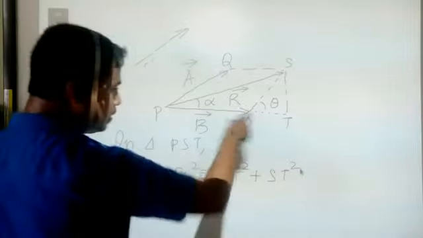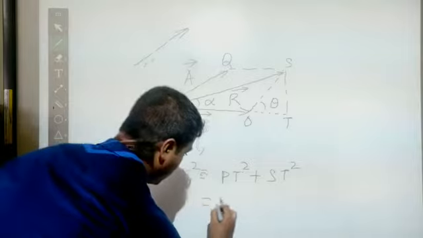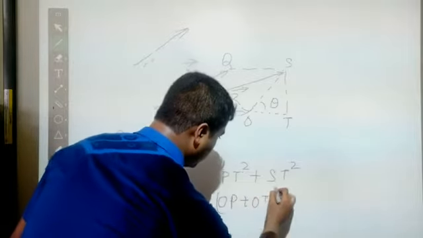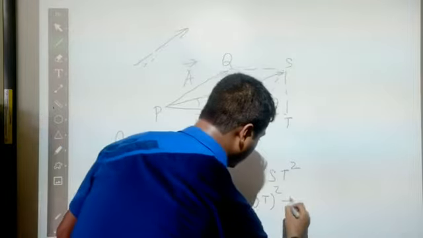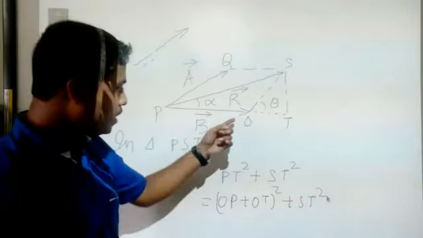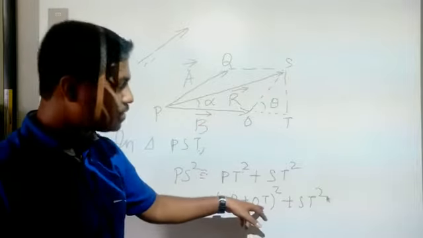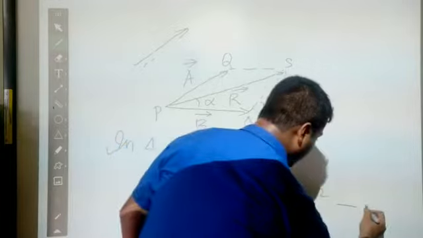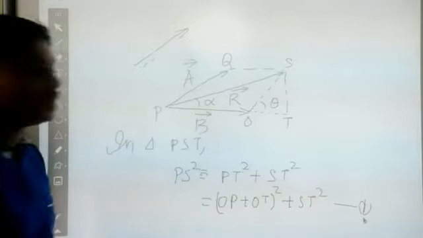This PT you can divide into two parts. It will be (OP plus OT) whole square plus ST whole square. Now OP value is already there in the diagram, but OT is not given in the diagram, so we need to calculate it. Okay, so mark this as equation number 1.